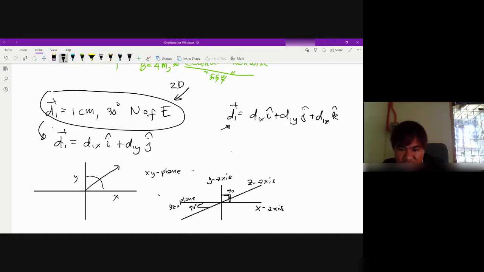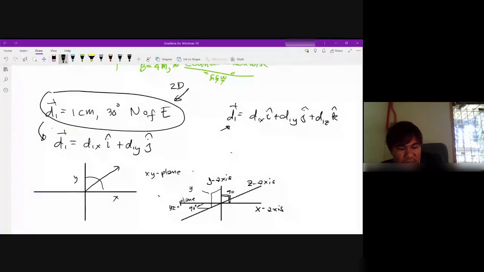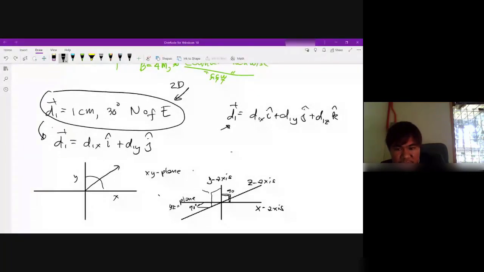And then this one, the y-axis going toward the z-axis. This is what we call, sorry, this is the YZ.